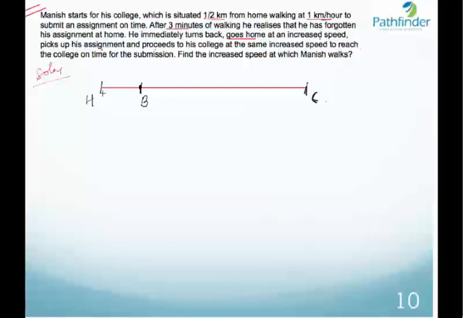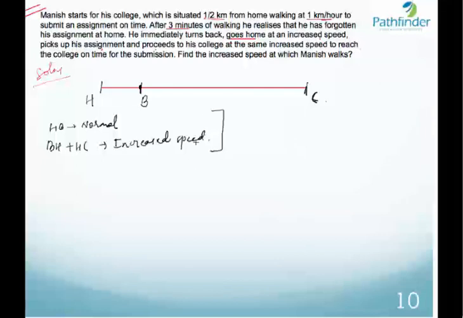So Manish walked a distance HB at his normal speed, and then the distance BH plus HC at his increased speed. Now this enables Manish to reach his college on time.